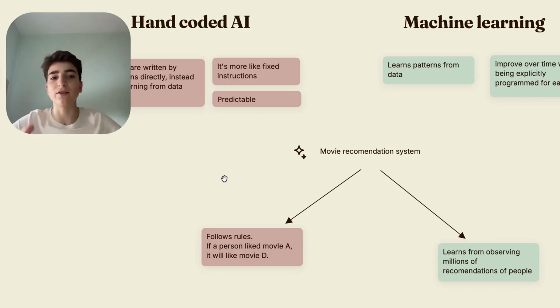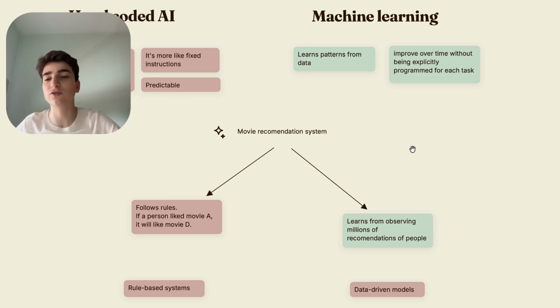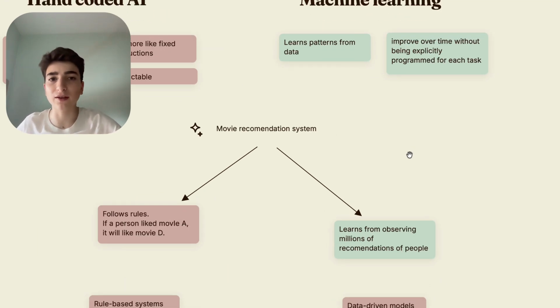But then we have machine learning, which learns patterns from data. So if you ask it for a movie recommendation, it learns from observing the millions of people in the data that it has been trained on.